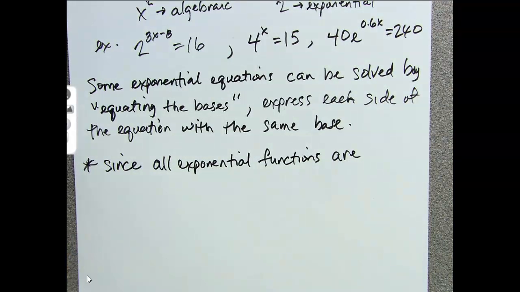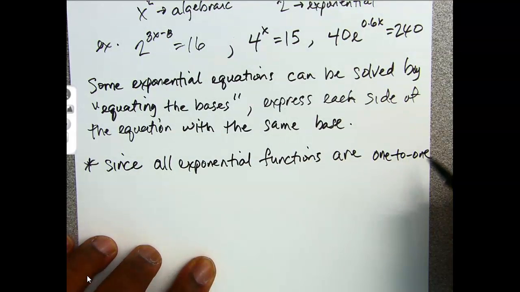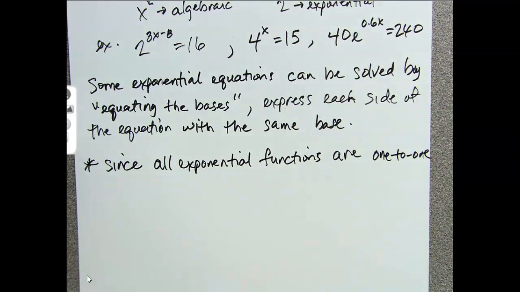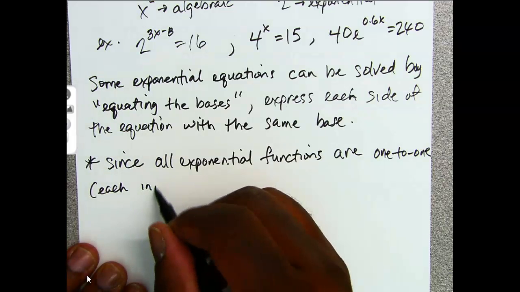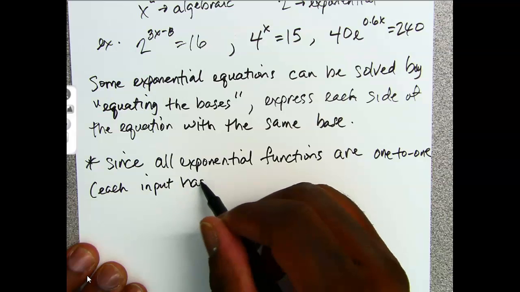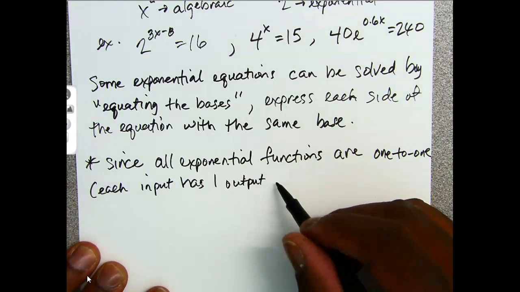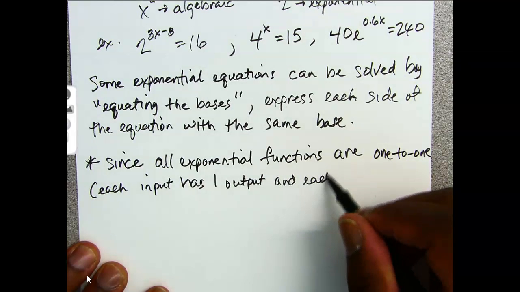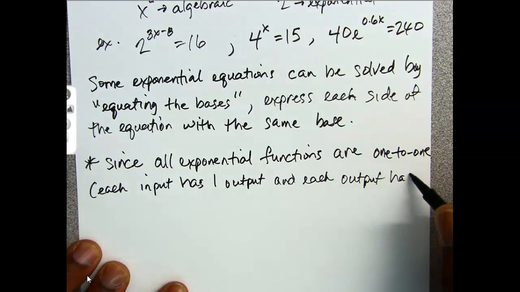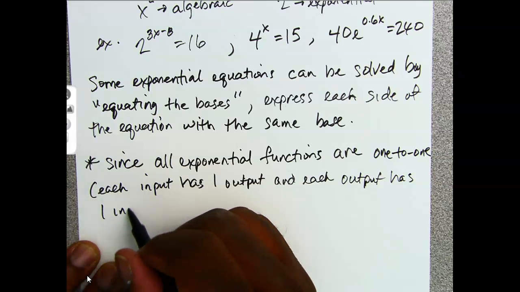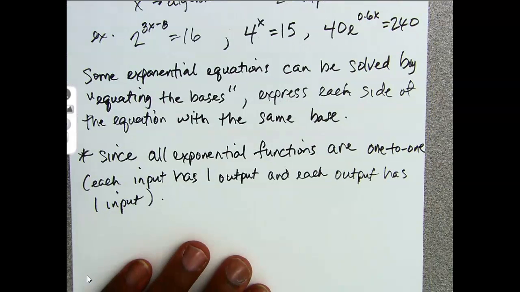Since all exponential functions are one-to-one, this means each input has one output, and each output value has only one input. So that is what makes it a one-to-one function.